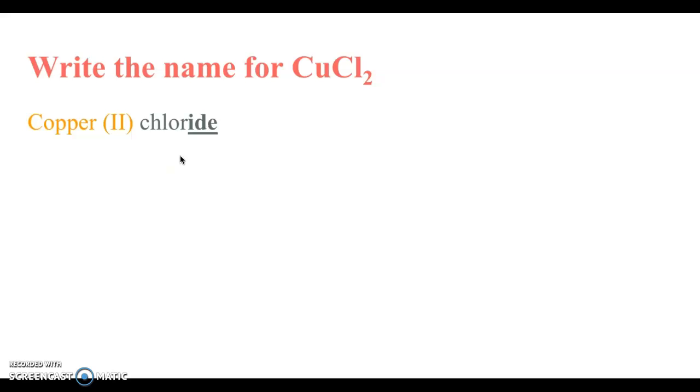And this is why it's important to denote which copper you're talking about, because we can have copper 1 chloride, which has a different formula, and we have copper 2 chloride, which has a different chemical formula and therefore is a different compound. So if we just called both of them copper chloride, that wouldn't tell another scientist which compound we're using. Hence why we have this naming system.